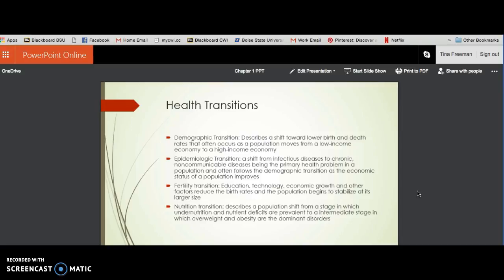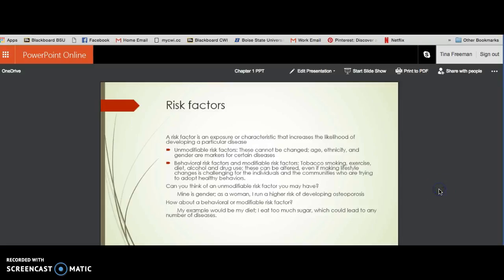It's good for entertainment at least. So I think this, again, we can really apply to our own country. If we have students that are from different nationalities or cultural backgrounds, I would love to get your input on some of these transitions to see if they apply to countries other than the United States.